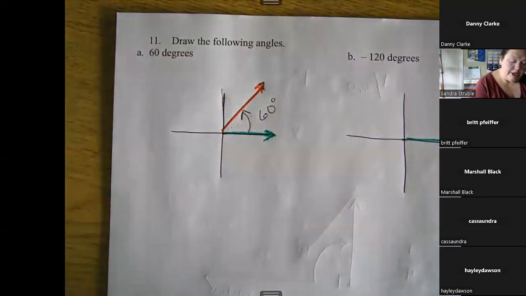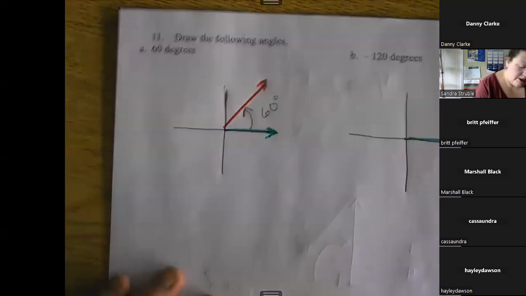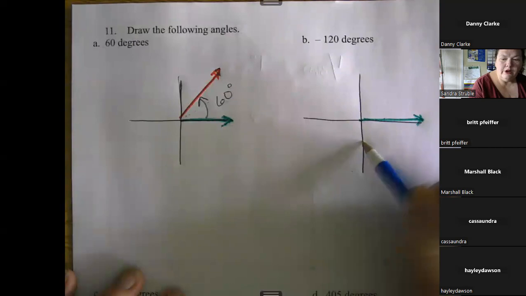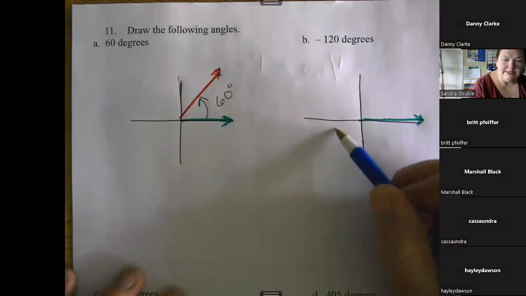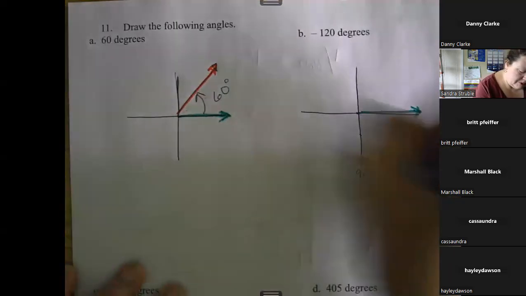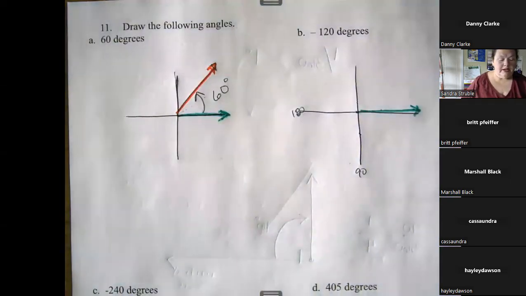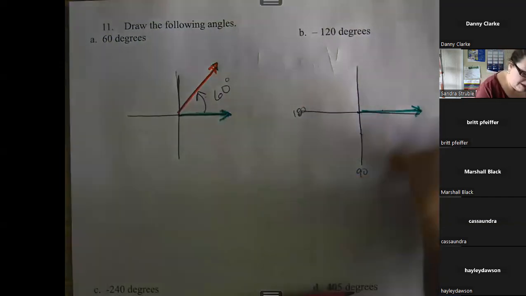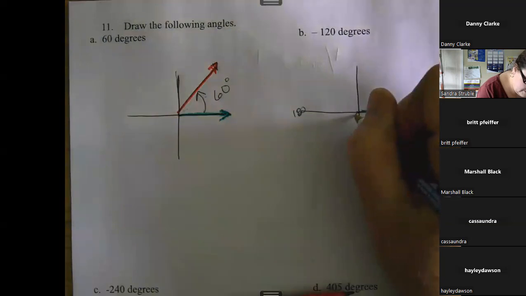I know that from here to here is 90 degrees. From here around to this line is 180 degrees. I have to think through what's happening here. It's 30 degrees difference between here and here. So probably more like right here.